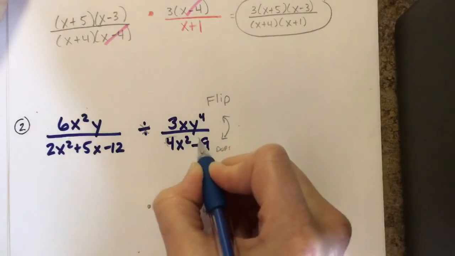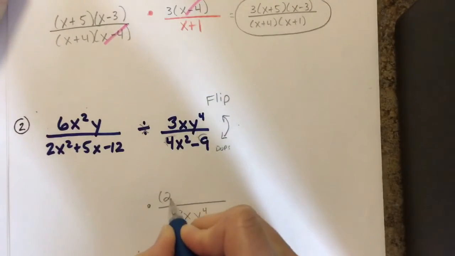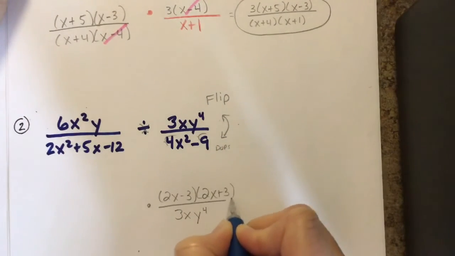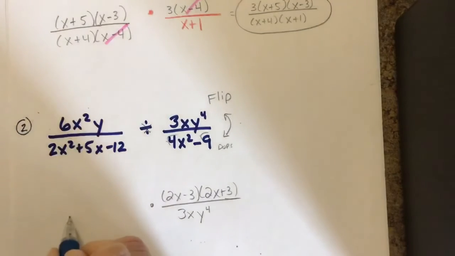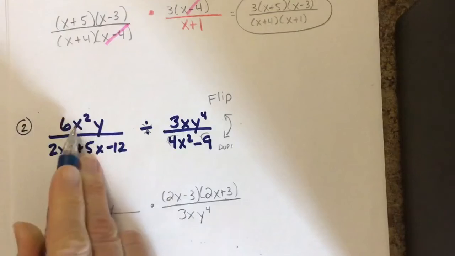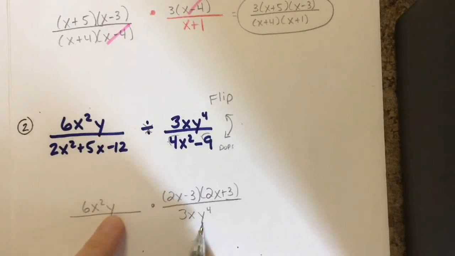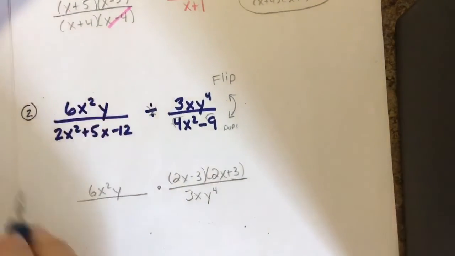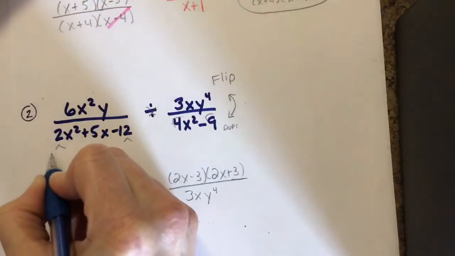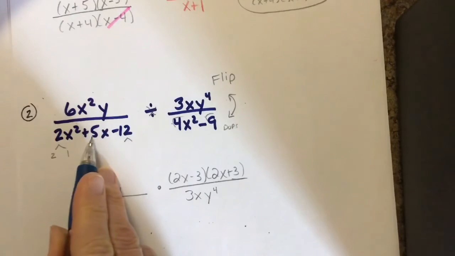So taking the square roots, up top now is 2x minus 3 and 2x plus 3. Factor. First numerator, nothing to do. No plus, no minus, no factoring. Now this guy I've got to factor. 2 and negative 12 multiply, add to 5.